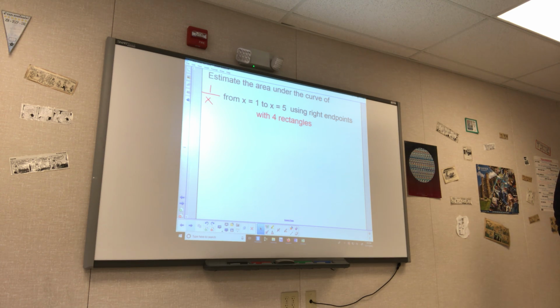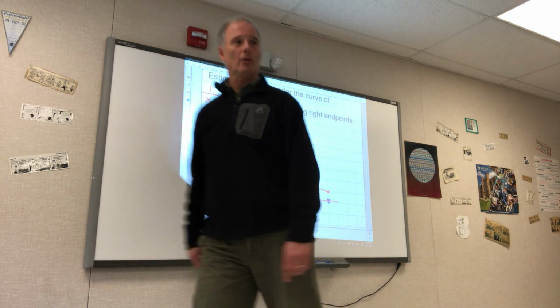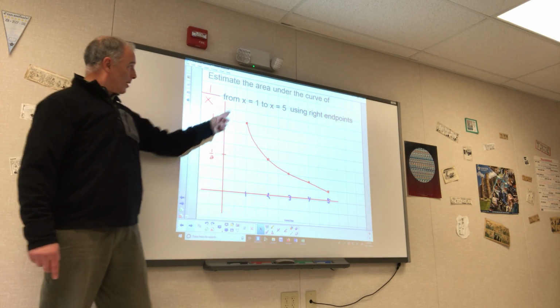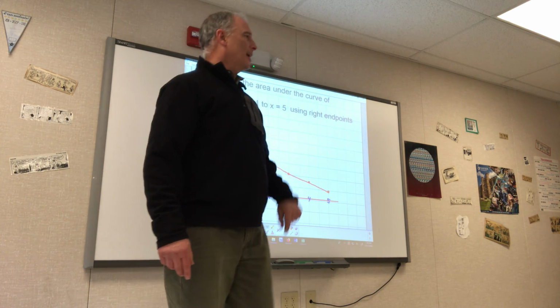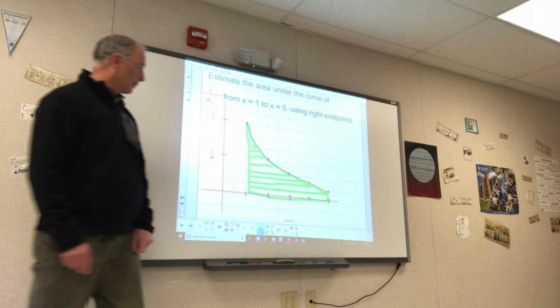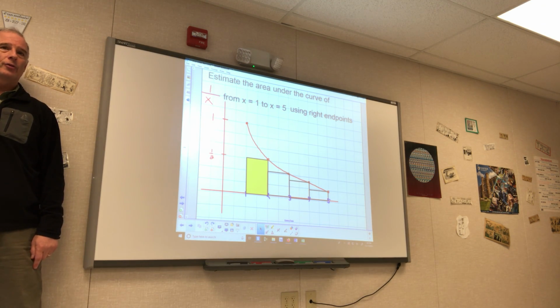Close. Picture's wrong. Is my graph wrong? No, but your picture's wrong, because this goes from 1 to 5. You've got a rectangle from 0 to 1. The first rectangle shouldn't show up until you get to 1. So for those of you who started at 0 and went to 1, that was bad.